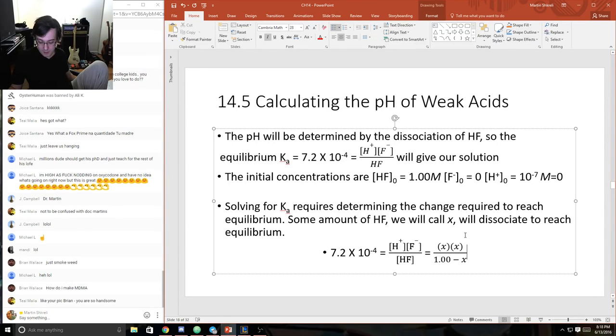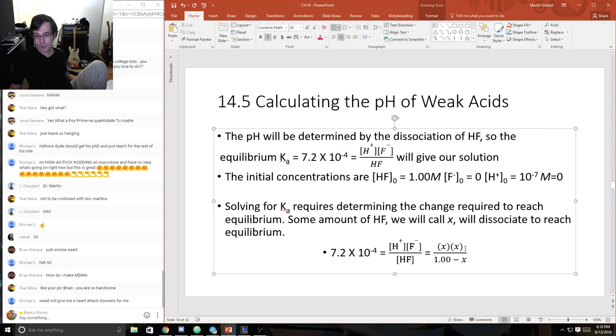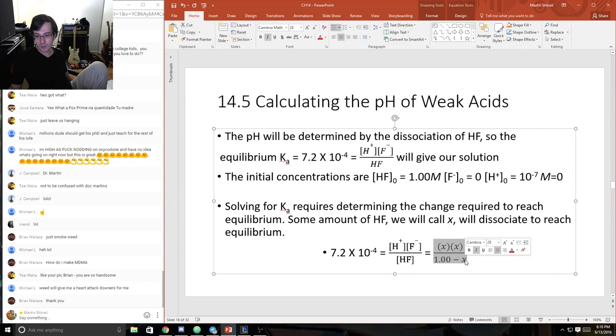If that doesn't make sense, just think about it for a minute, because both of these start at 0 in their initial equilibrium, and they end up at x. And the denominator will go from 1, which is the molar amount, and it'll be subtracted by x. So this change variable will be constant, and this is a pretty neat concept.